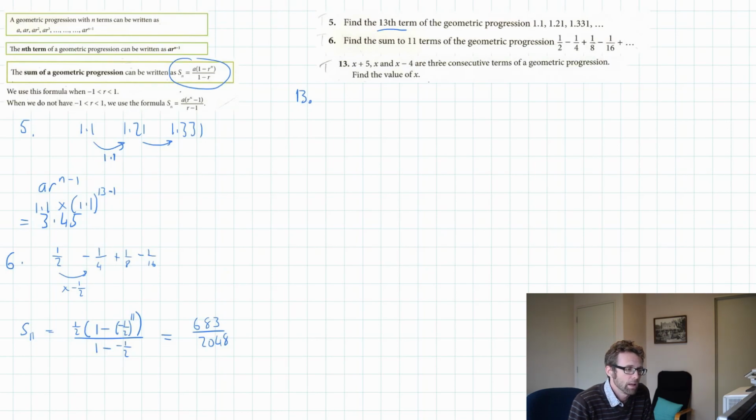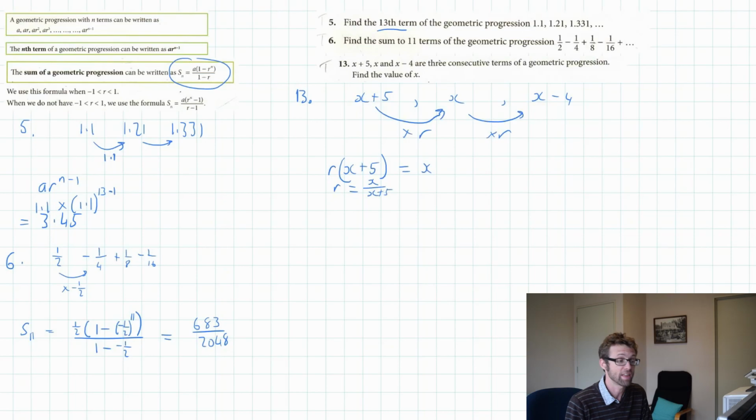Well, if they are consecutive terms of a geometric progression, we know that each time we're timesing by the same ratio to get to the next term, which means x plus 5 times r is equal to x, so therefore r is equal to x over x plus 5.